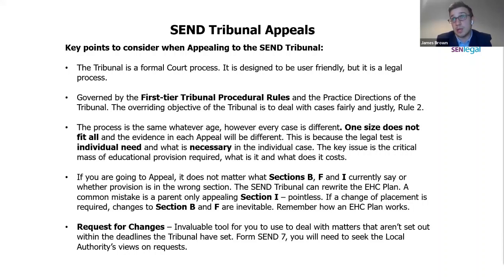If not, you're not going to be able to participate in these proceedings. And the tribunal does have powers to do so. And it's a good way of getting your local authority engaged, a good way of getting your local authority thinking about the appeal. And ultimately, it may end up getting you the evidence that you need from the local authority to really progress your case and put that in front of the tribunal on the day of the hearing.